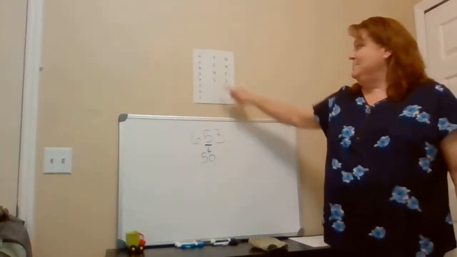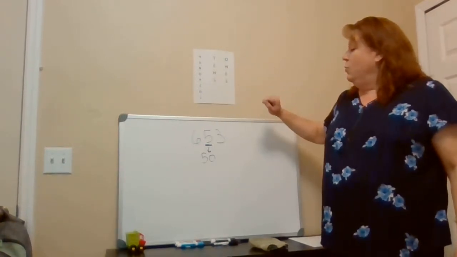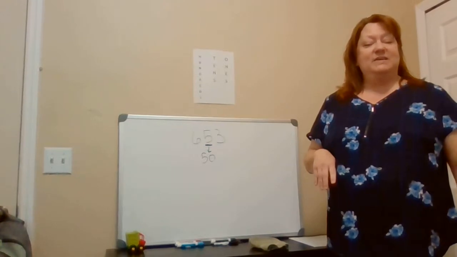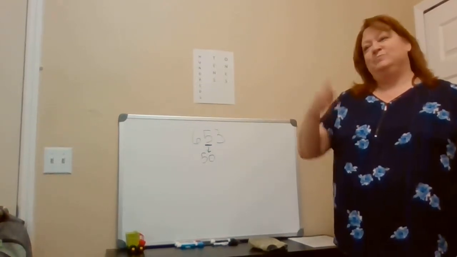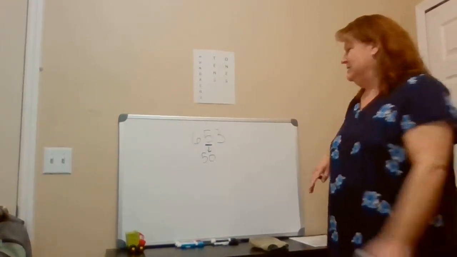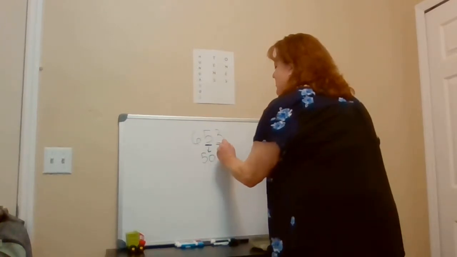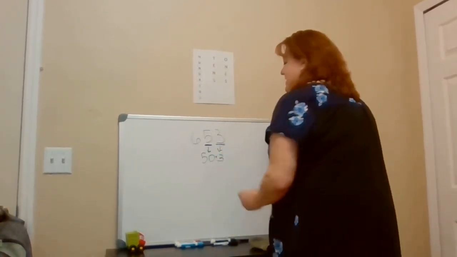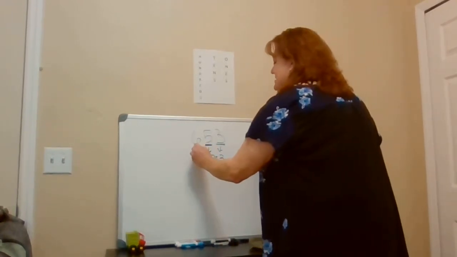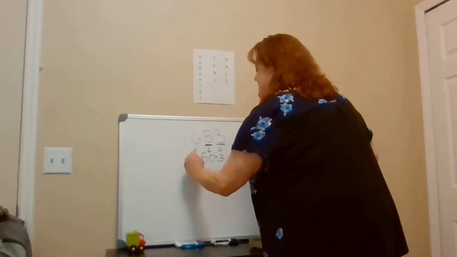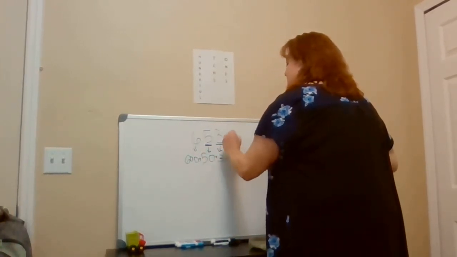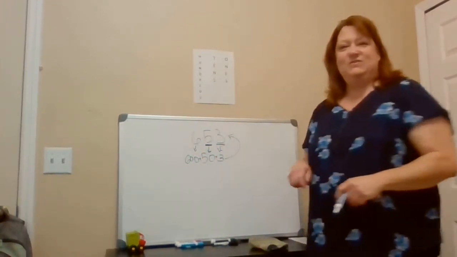Now using this same number, what is our ones place value? Jeremy. Good, 3. So we have how many ones? 3, right. So this number shows us that we have 600 plus 50 plus 3 equals 653.